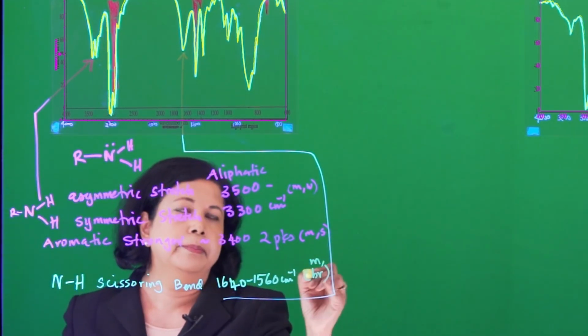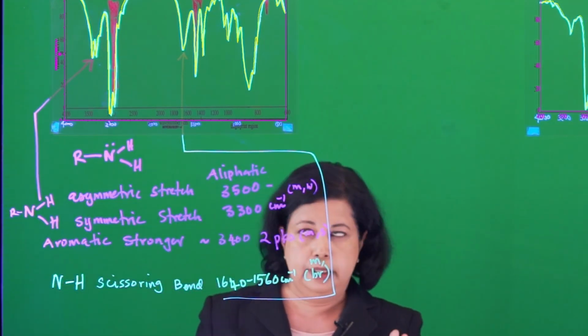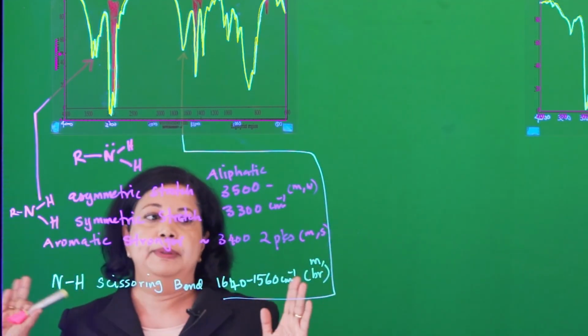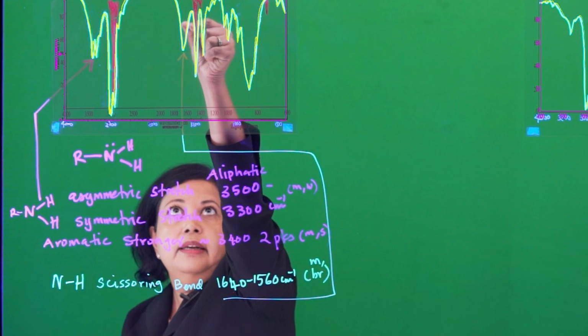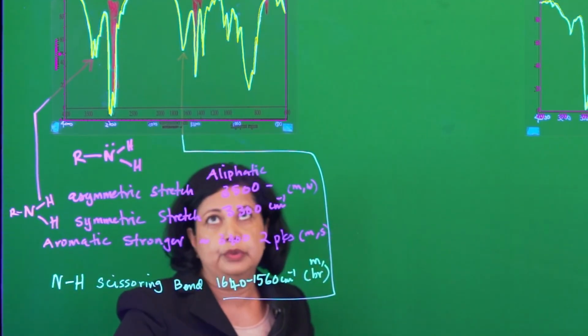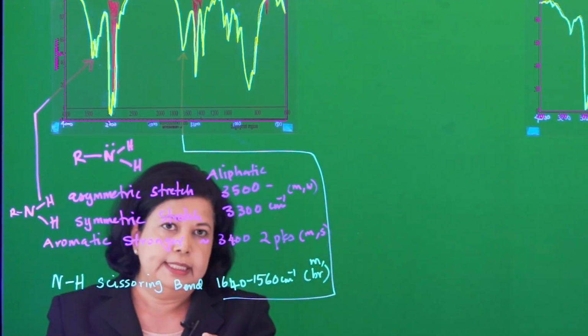So that's something that you would always see with a primary amine. You see a peak right here. And sometimes if you have benzene rings, that is the same region as the CC double bond of the benzene ring. And you see that this is going to be a little broader, whereas the benzene CC would be narrow.